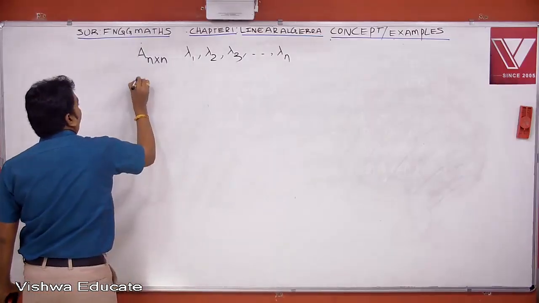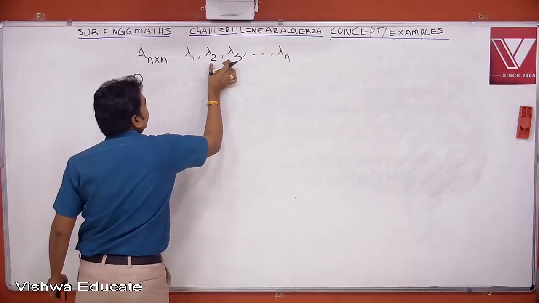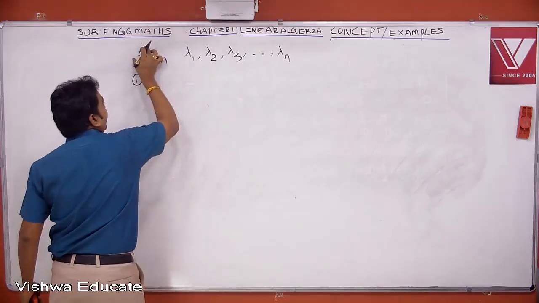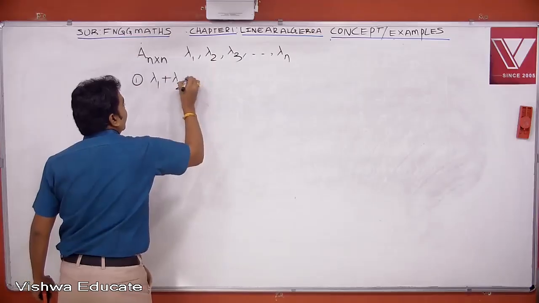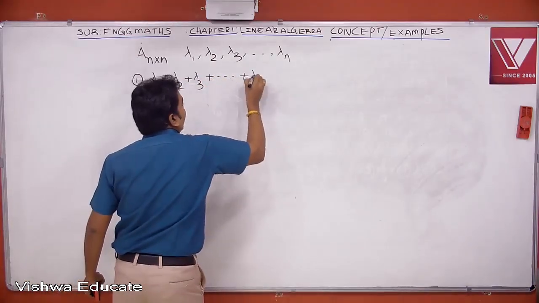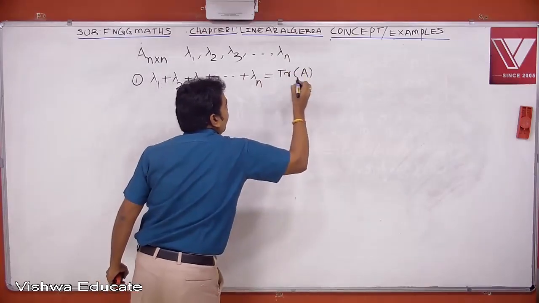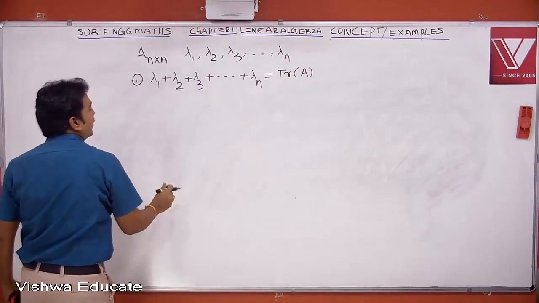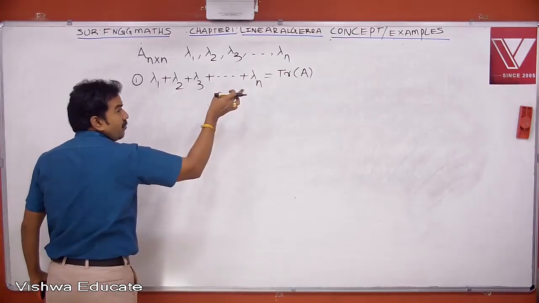Now the properties will be like this. Add all these eigenvalues, that must be the trace of this matrix. So lambda 1 plus lambda 2 plus lambda 3 plus and so on plus lambda n equal to trace of A. Trace means the sum of diagonal elements of A. So the sum of eigenvalues of A is nothing but the trace of the matrix.